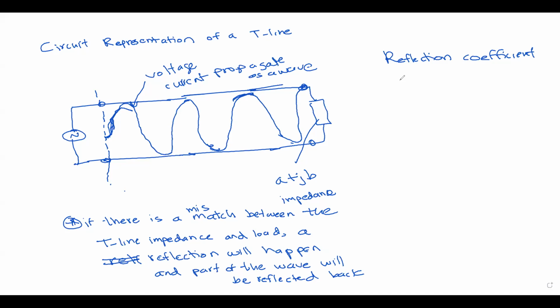Okay, sorry for the delay. The waves are propagating, I mean, voltage and current are propagating as waves inside this transmission line. So we use parameters such as the reflection coefficient to denote how much of the voltage is reflected back from the initial wave.